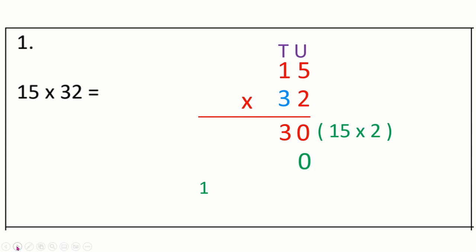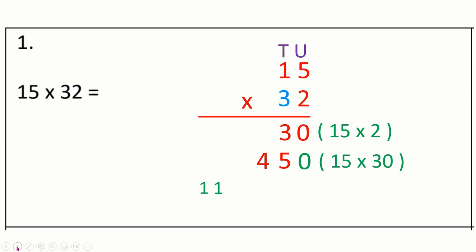We'll talk about what happens if I don't put the 0 down. 5 times 3 is 15. Put down the 5, carry the 1. 1 times 3 is 3, plus my carry is 4. 450 is the answer to 15 times 30.